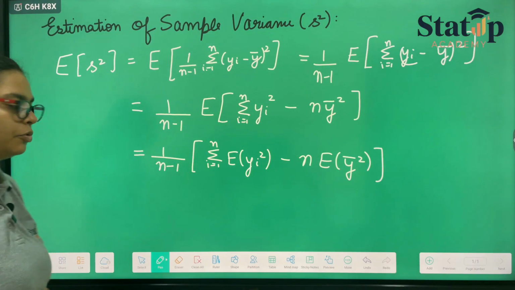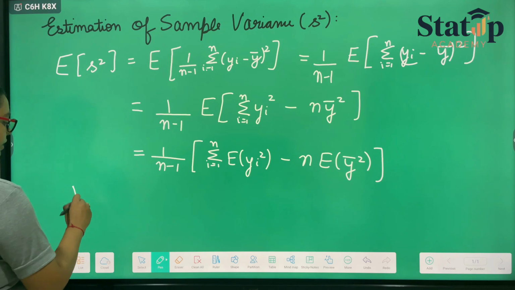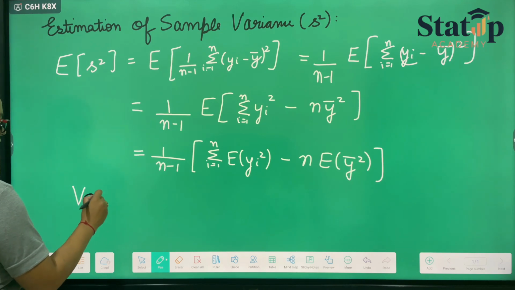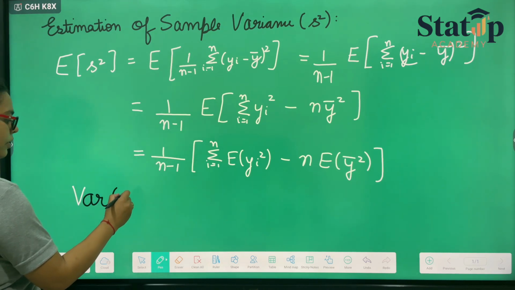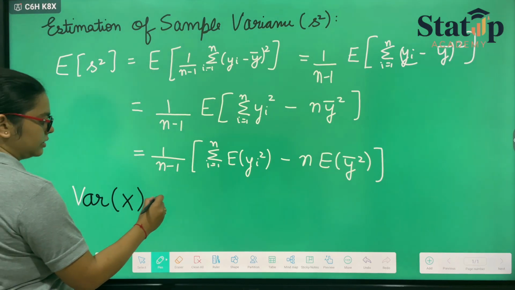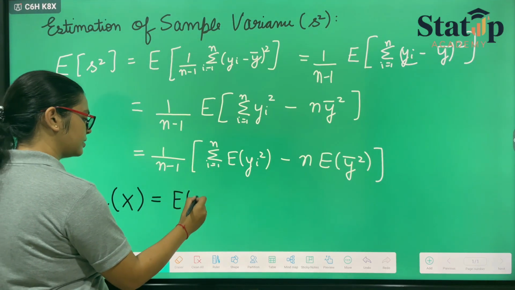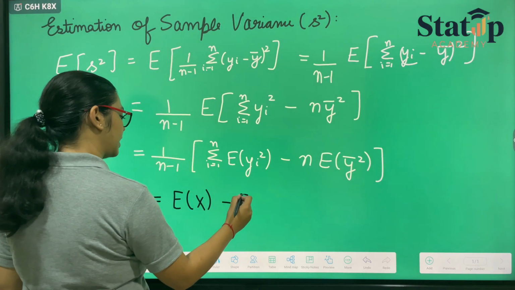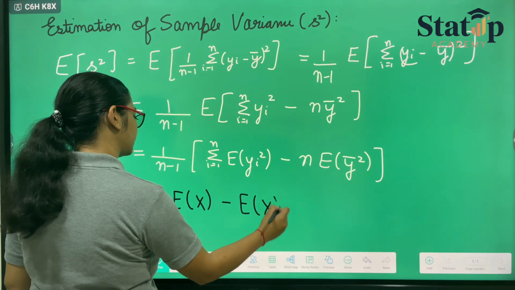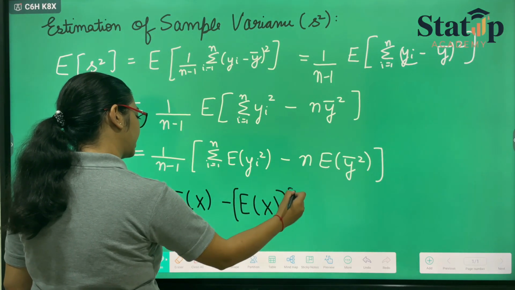Now we know one of the properties of variances: variance of x is equal to estimation of x square minus estimation of x whole square.